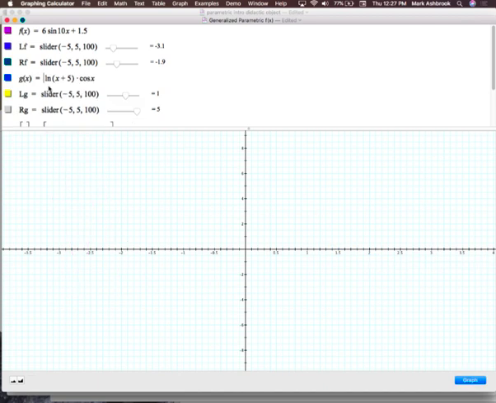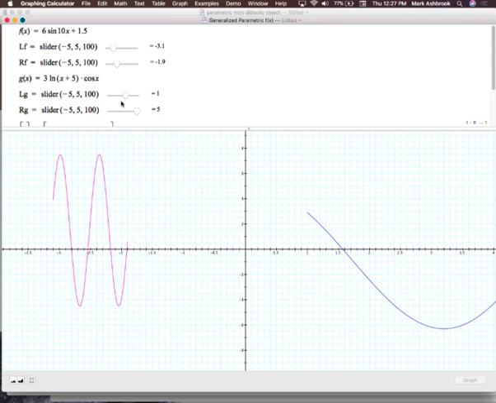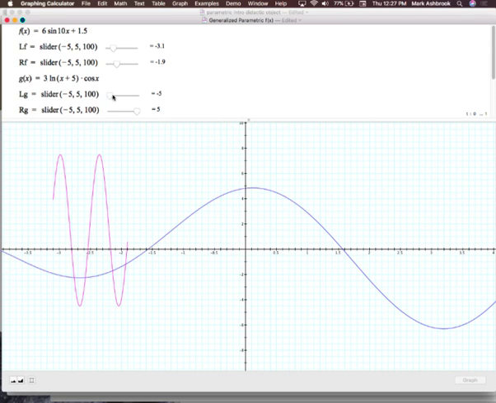No, I want 3 times ln. There we go. So now I just changed g, and it changed accordingly. So now I'm showing the blue function g, and I can again change the bounds.